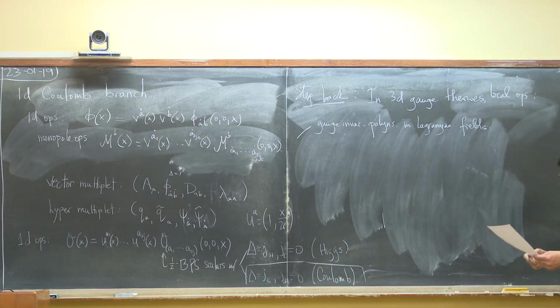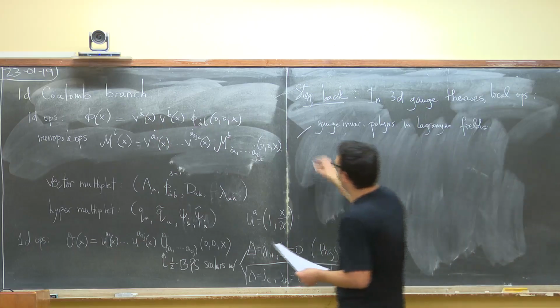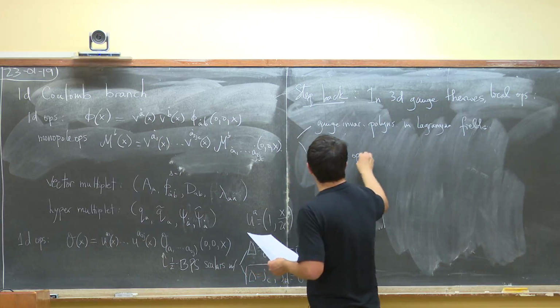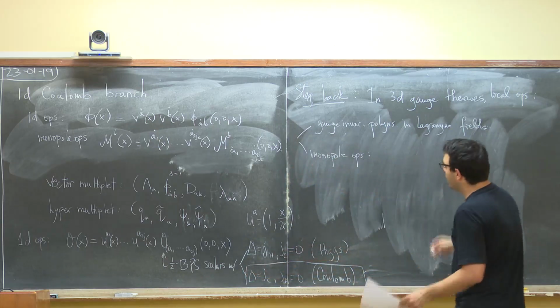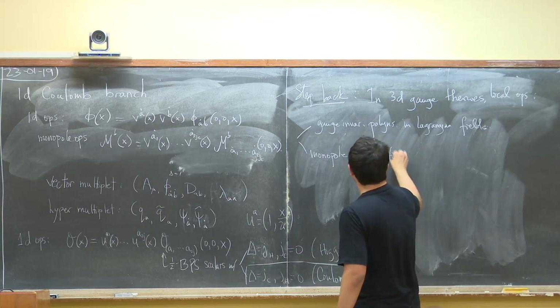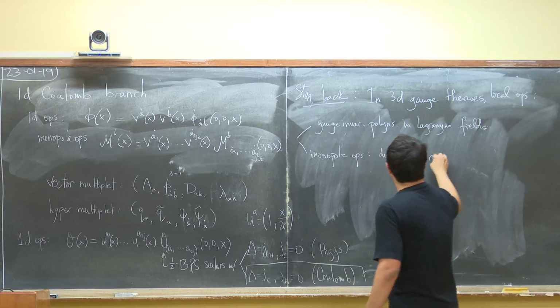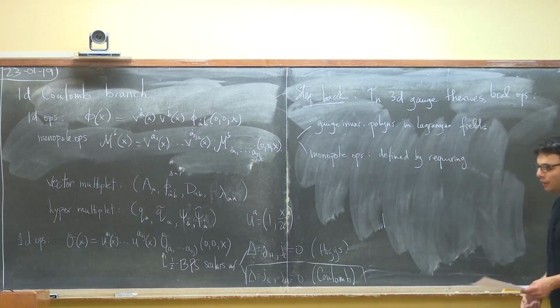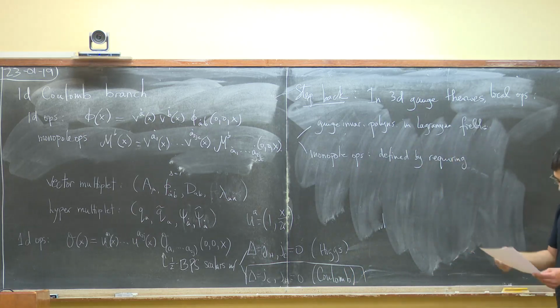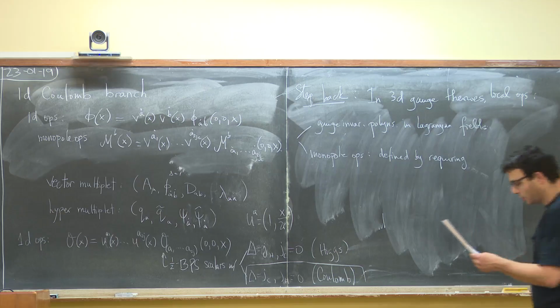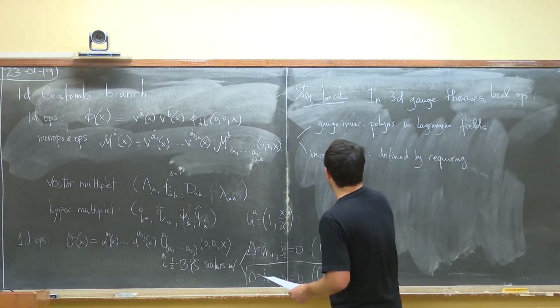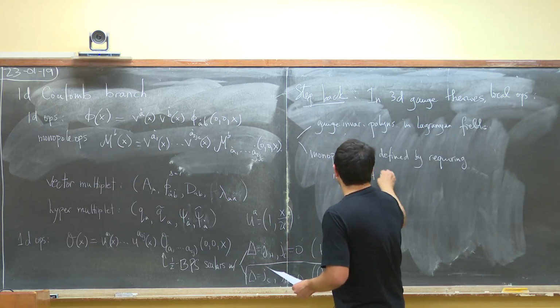Or we can have monopole operators that are defined by requiring that they insert a certain number of flux units close to the insertion point, when inserted at the origin.